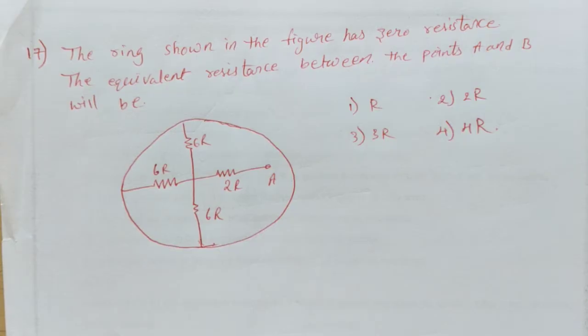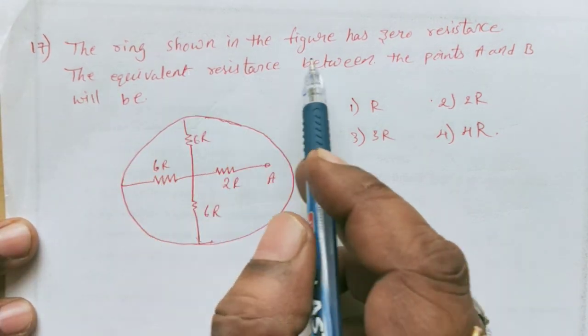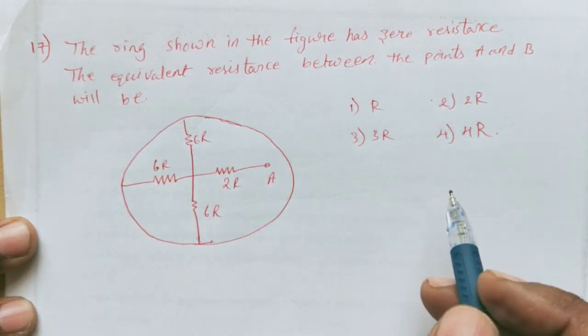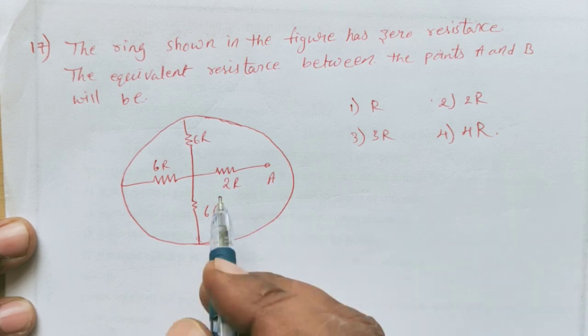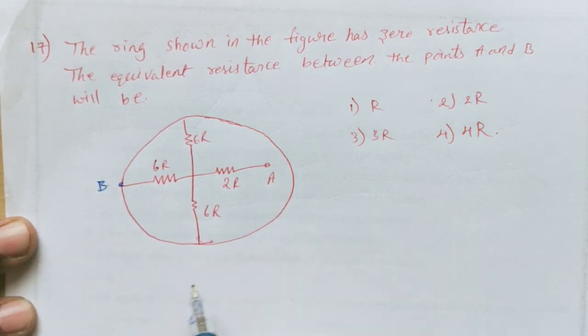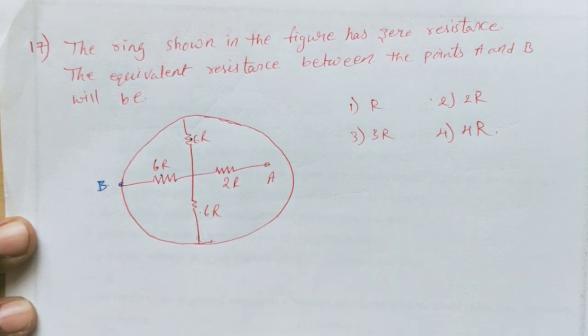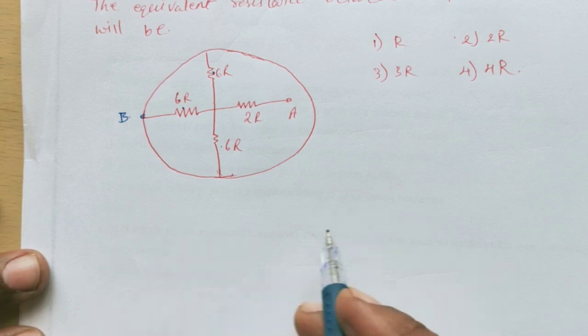So students, this is also a very simple question. If we first understand the equivalent circuit, we can easily get the result. The ring shown in the figure has zero resistance; find the equivalent resistance between the points A and B. So this one is point B. For this one observe carefully, this 6R and this 6R are in which combination? Indirectly parallel combination.